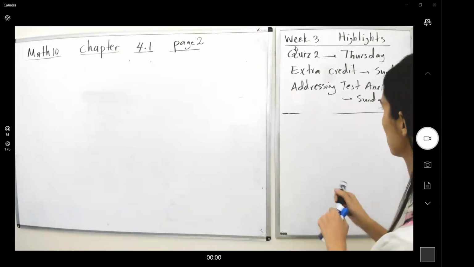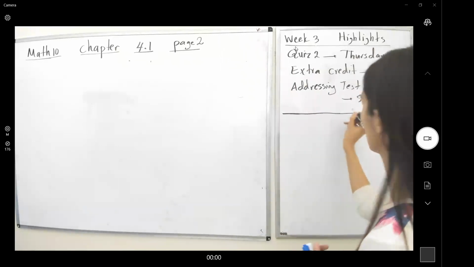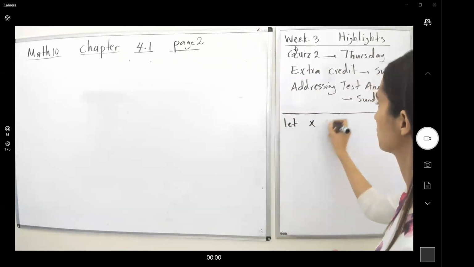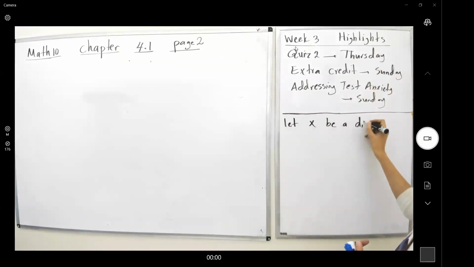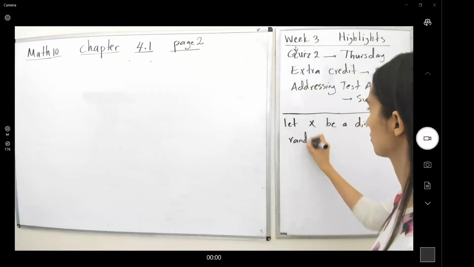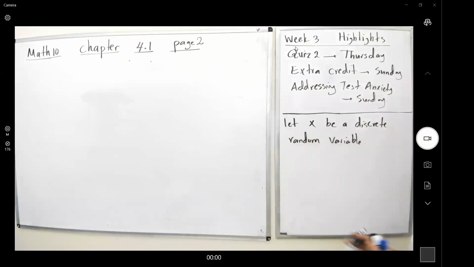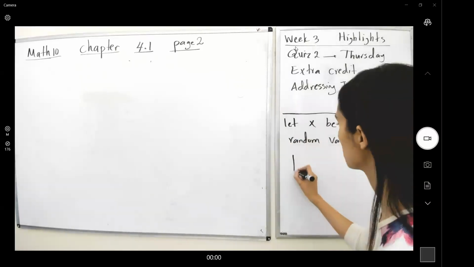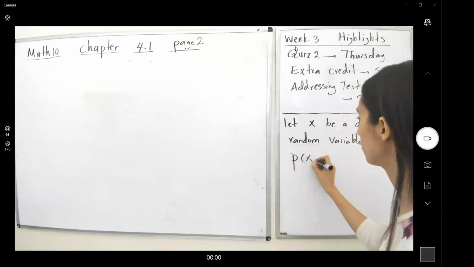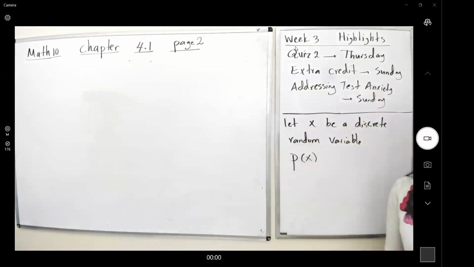Let X be a discrete random variable. P of X is the probability of that random variable X. It has some properties.